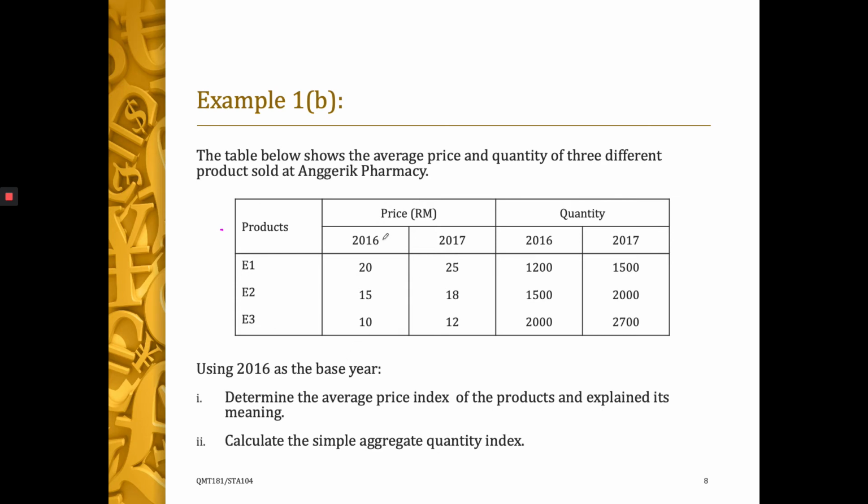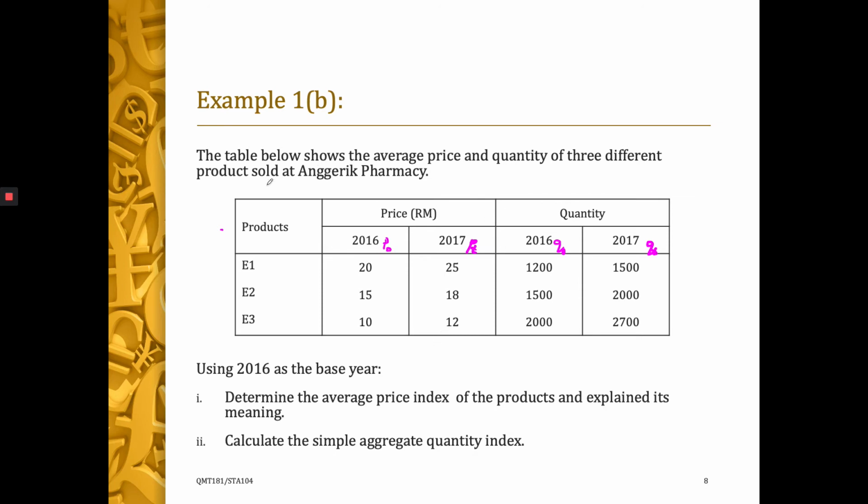So here will be P naught, Q naught. So here will be PT and QT. Now it wants you to determine the average price index of the products and explain its meaning.